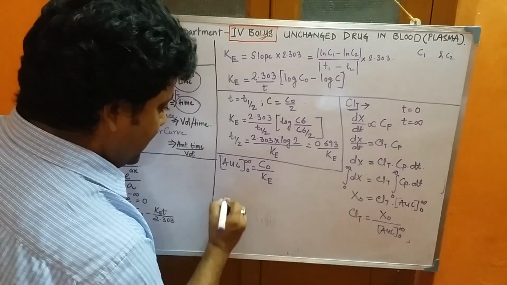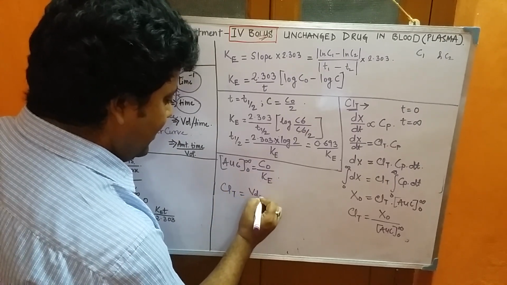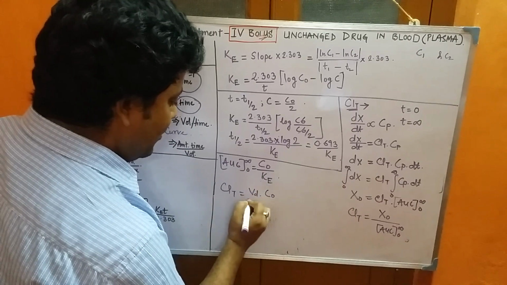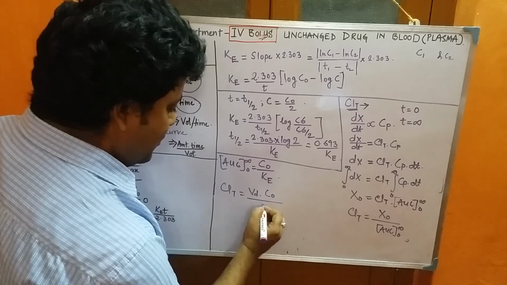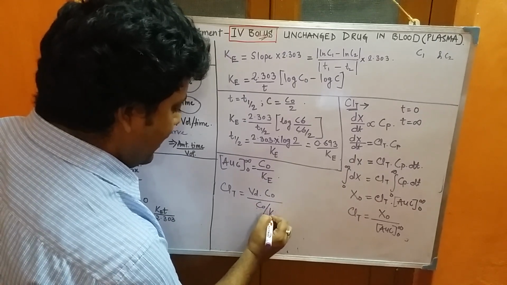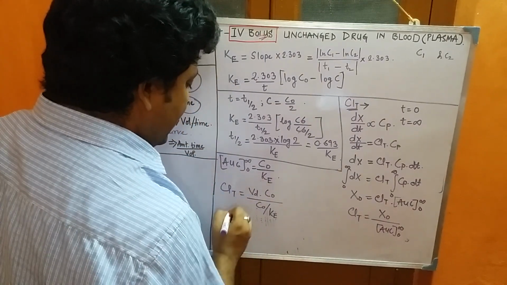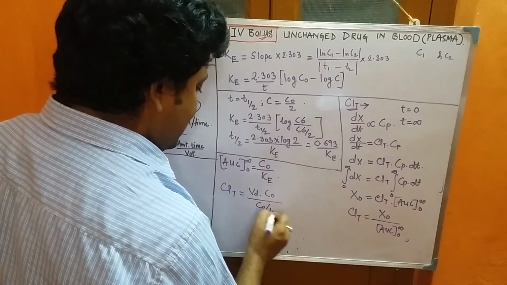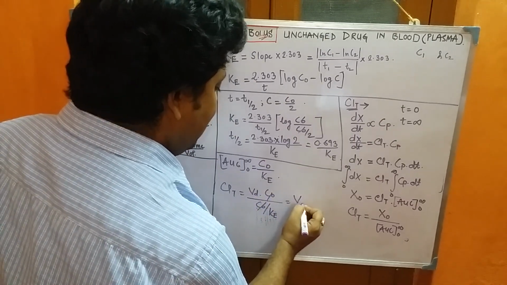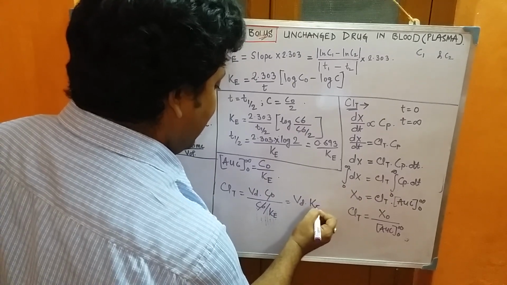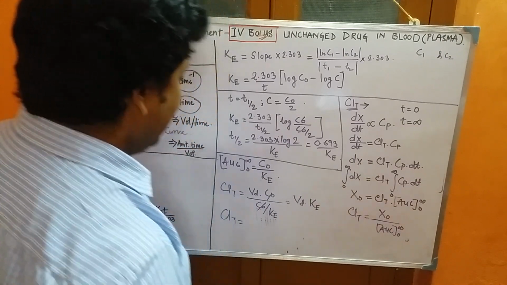So putting the value over here, X naught we can write as Vd into C naught, divided by AUC, which is C naught by Ke. So total clearance equals Vd into C naught by C naught by Ke. C naught cancels, 1 by Ke becomes, Vd into Ke. So total clearance we can write as Vd into Ke.